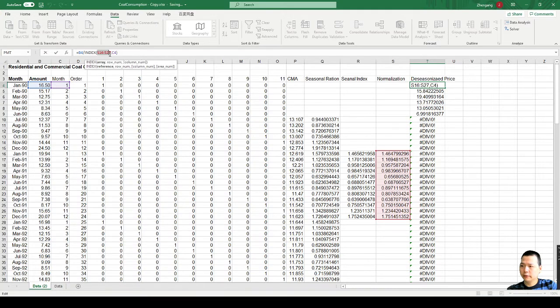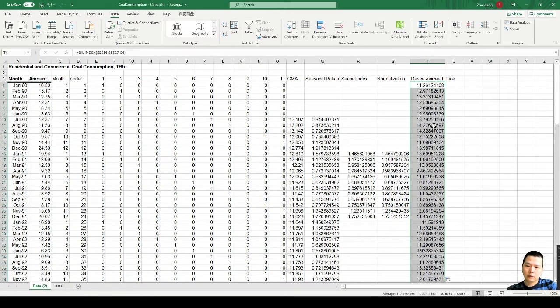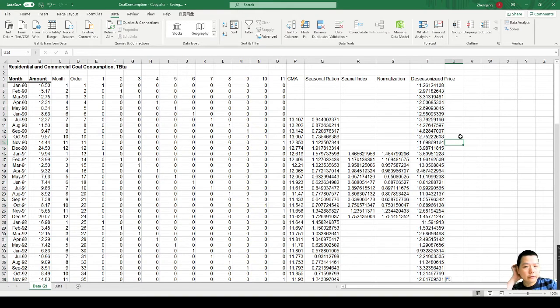Freeze this reference, because we only have 12 cells. So this is the way you calculate the decentralized price.